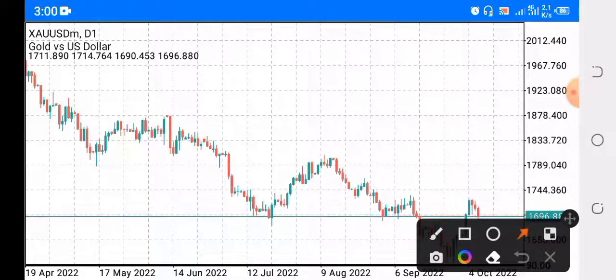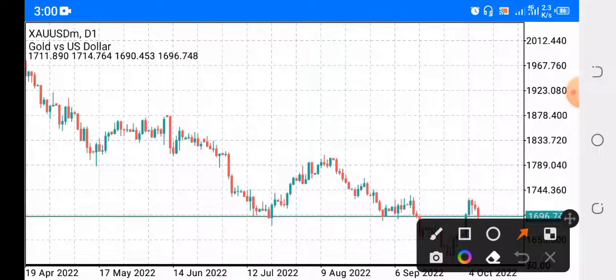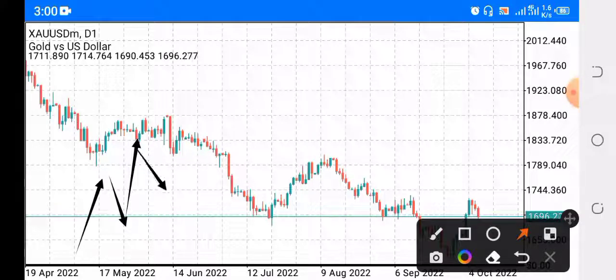Okay, so here now you see a market doing higher high, higher low, higher high, higher low, enjoying itself, just moving normally.